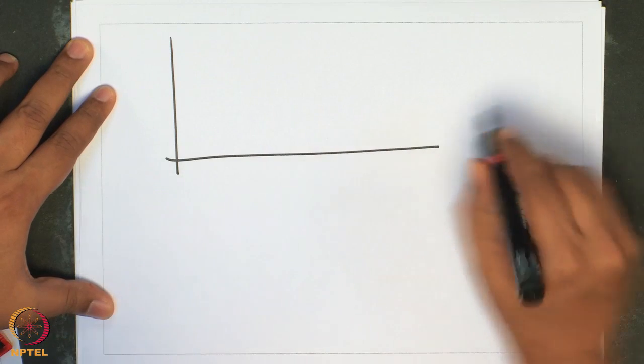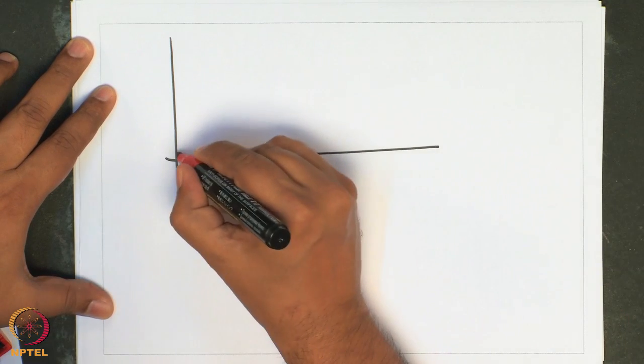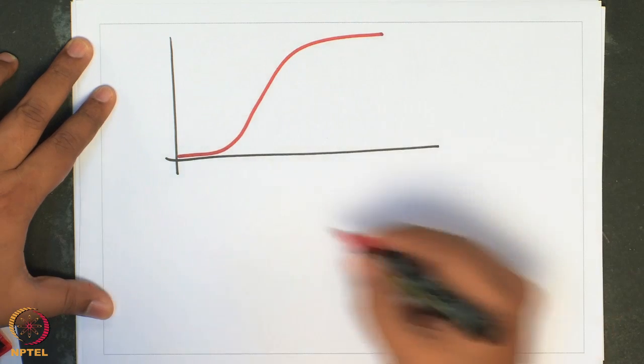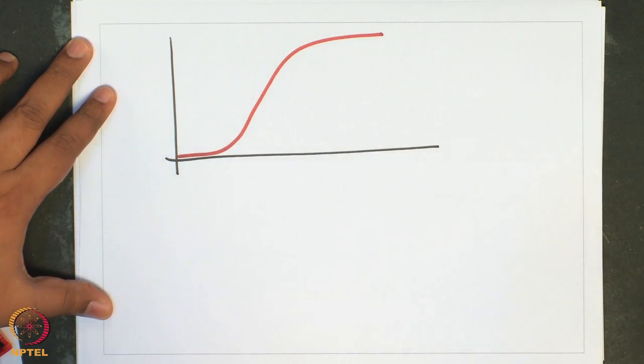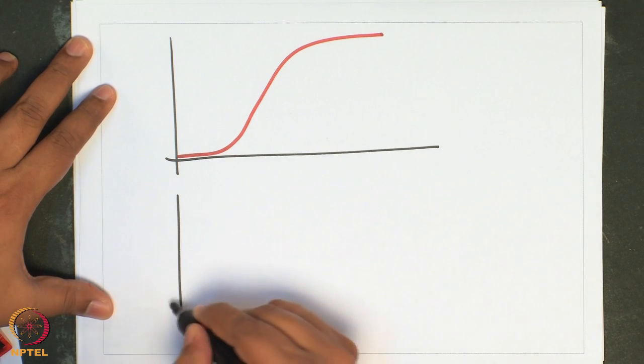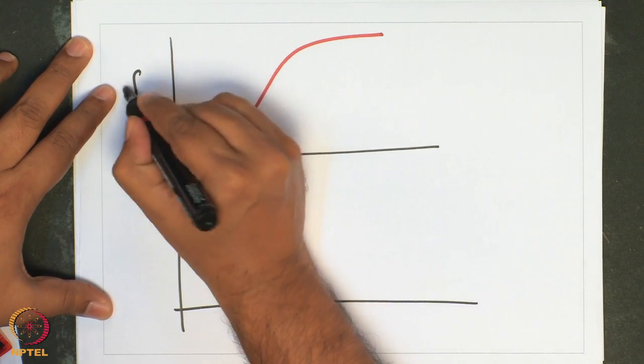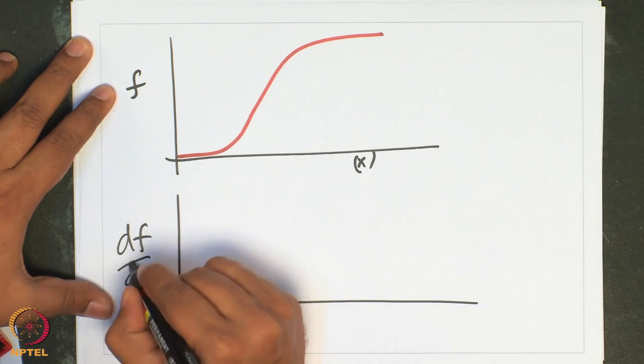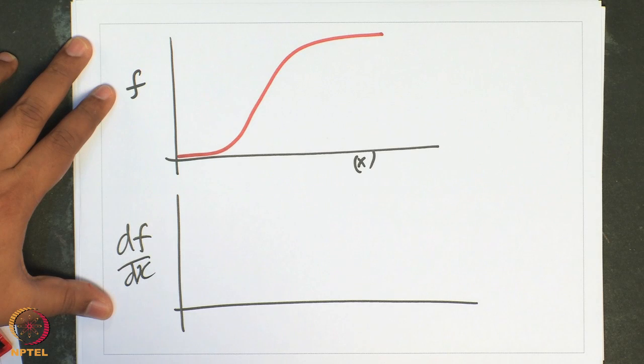The typical growth curve would look like this. This is a smooth transition now, and we want to plot its derivative, df by dx, for f of x.